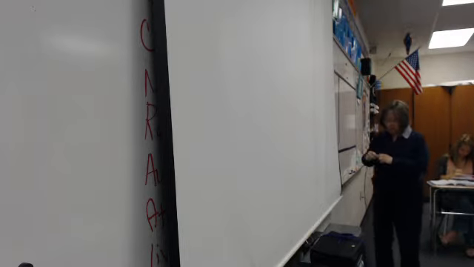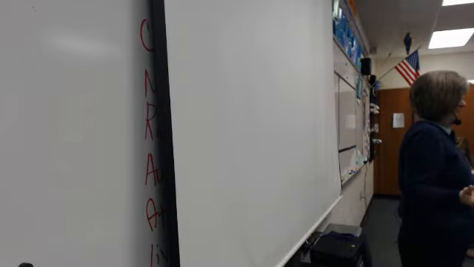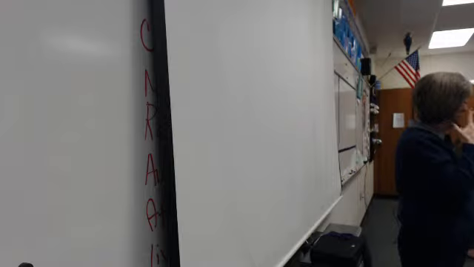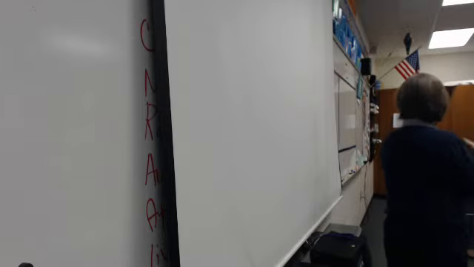Y vestirse es la acción de ponerse ropa. ¿Sí? Una persona cuando se viste, la persona, para empezar, está desnuda. Sí, sin ropa, está desnuda la persona. Entonces se viste, es decir, se pone ropa, se pone ropa. Está bien.